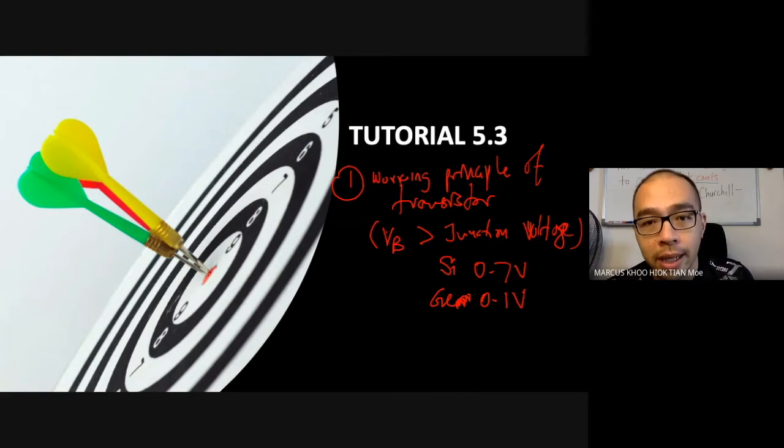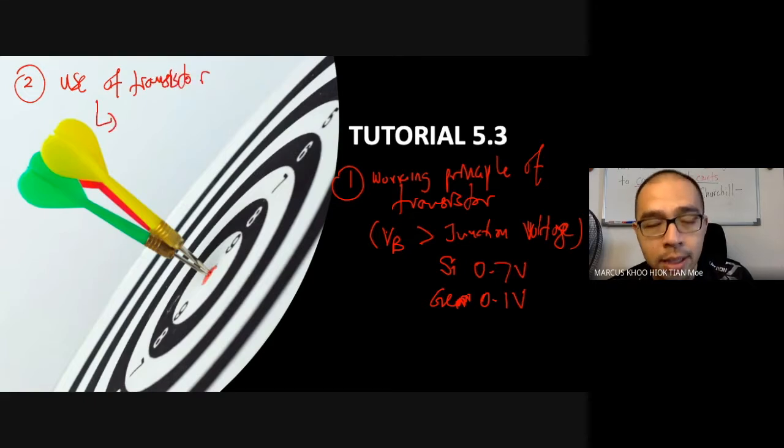Then we looked at the uses of the transistor in two places. The use of the transistor, number one, as an automatic switch, and secondly, as a current amplifier.